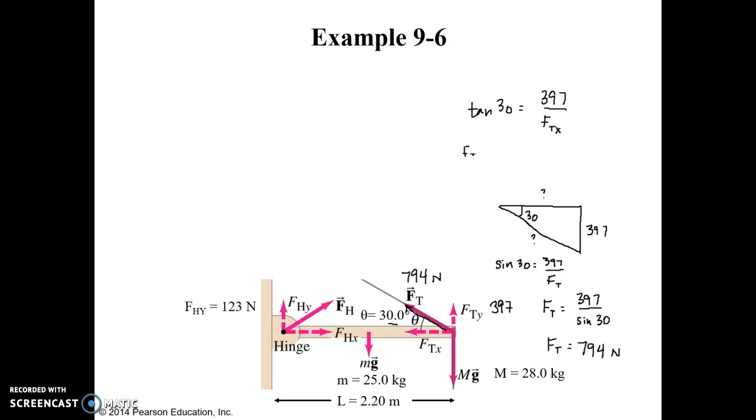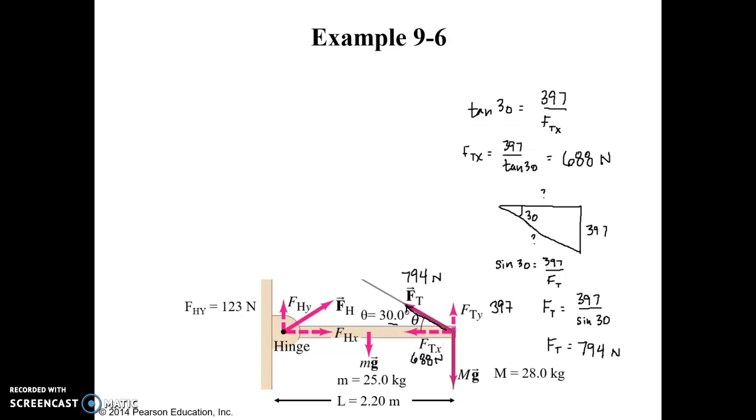So FTX is equal to 397 divided by tangent of 30. And that is equal to 688 newtons. So that is 688 newtons, FTX.